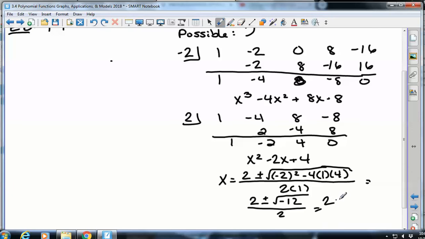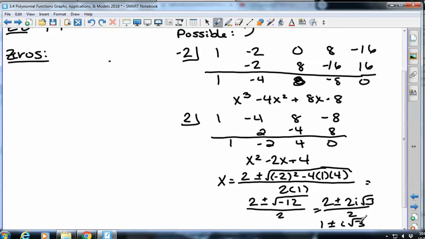Square root of negative 12, you could break it into 4 and 3, so you get 2i radical 3 all over 2. So that's 1 plus or minus i radical 3. This whole point was to find our zeros.